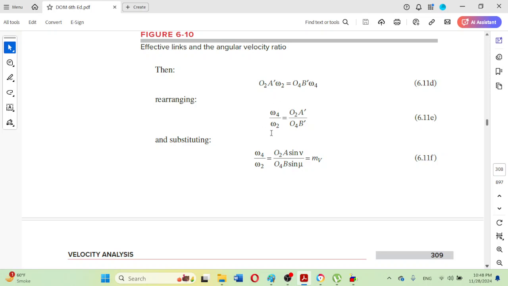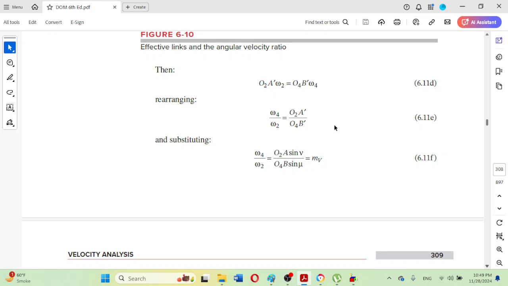The angular velocity ratio is the output angular velocity divided by the input angular velocity, whereas the effective links ratio is the length of the effective input link divided by the length of the effective output link. So these ratios of the lengths of the effective links are the reciprocal of the angular velocity ratio. We must also know this fact.